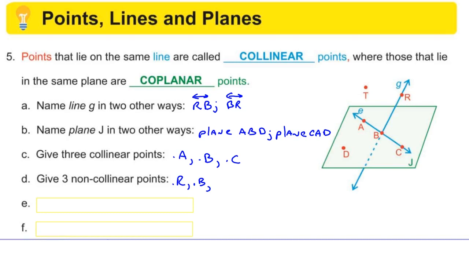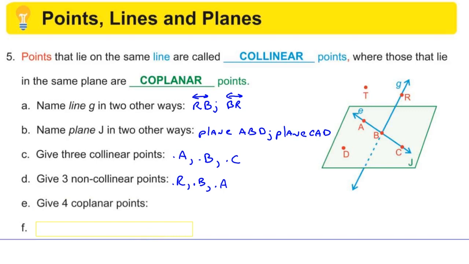And so therefore I'll just pick one of them. Now let's use point A. Why not? Okay? 3 non-collinear points. Give 2 points on the line and a point off. Really, the only way to get this wrong is use points A, B, and C, because they're the only ones that are collinear.